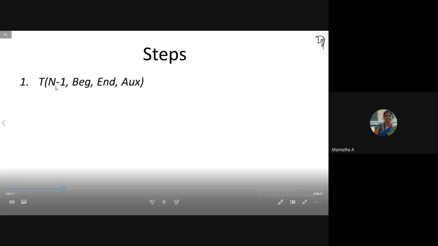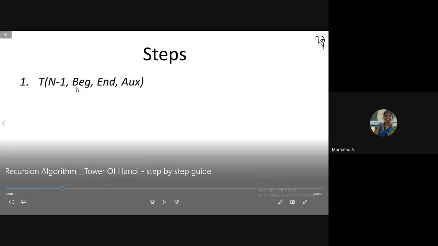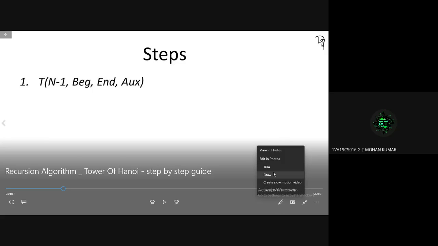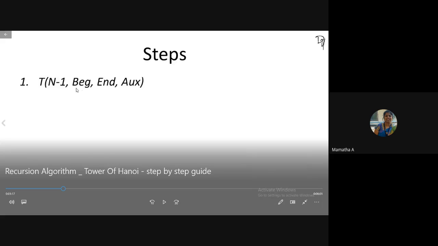N minus 1. From where? Beginning to end using auxiliary. Beginning, I should move to where?